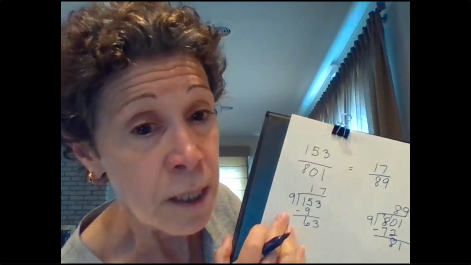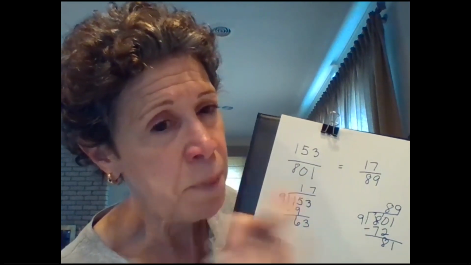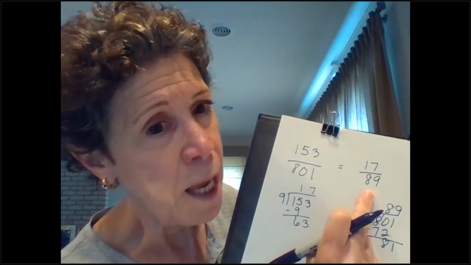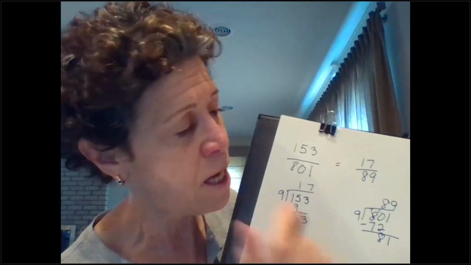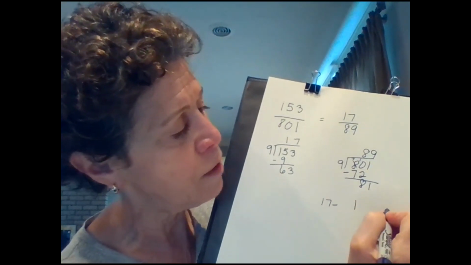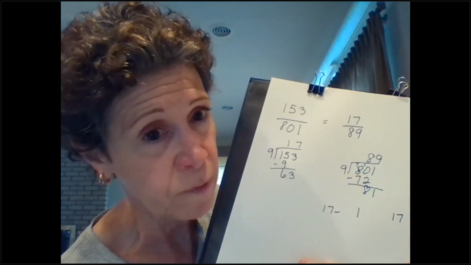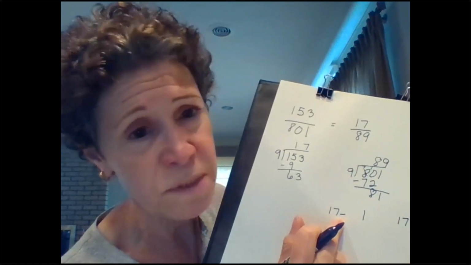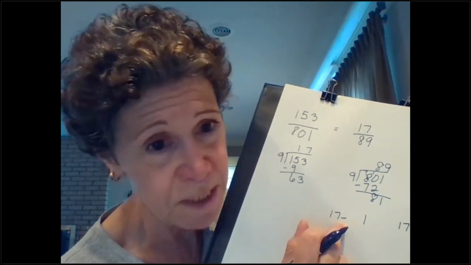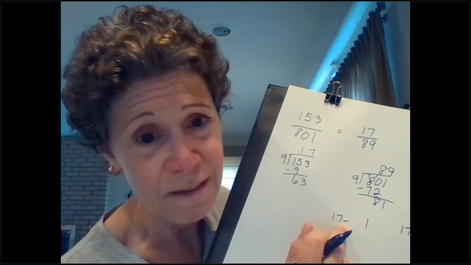Now, I still don't have really small numbers, but I can look at the 17. Looking at greatest common factors for 17, I know that 1 times 17 is 17. 2 times nothing, 3 times nothing, 4, 5, 6, 7 times nothing.